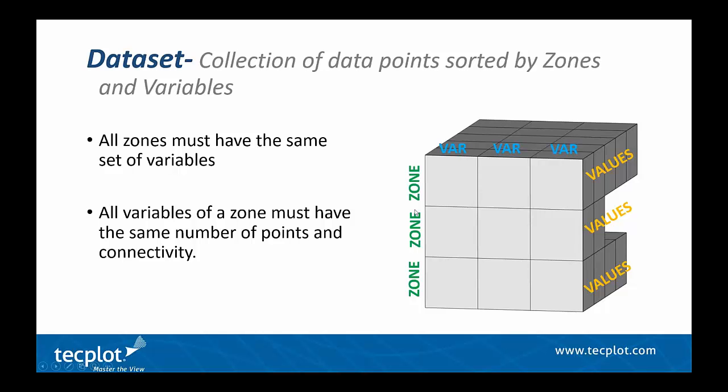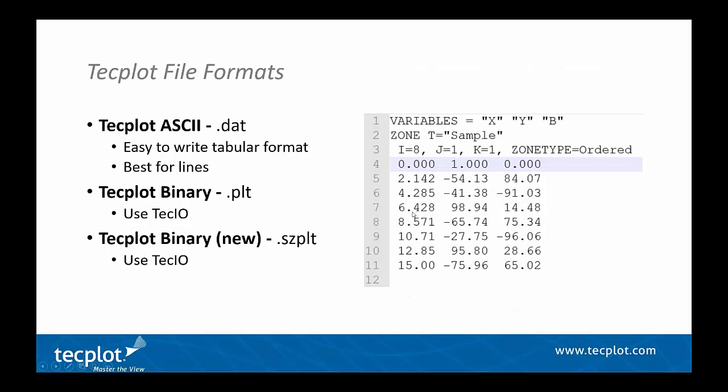Once you've created your data set, you'll need to define it into a file. Tecplot has 3 different file types. The first is Tecplot ASCII, which typically has the .dat extension.